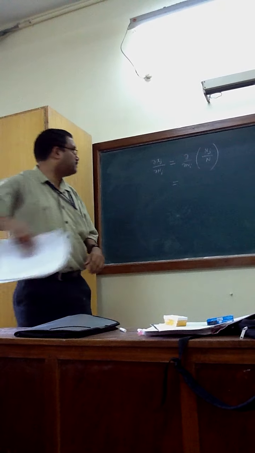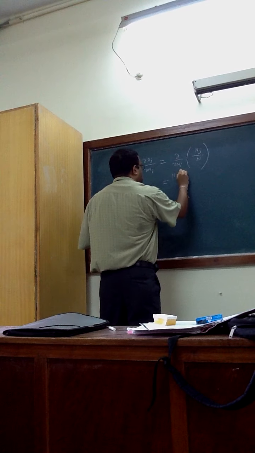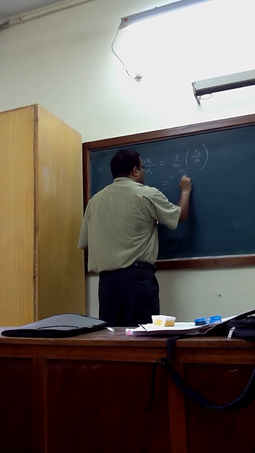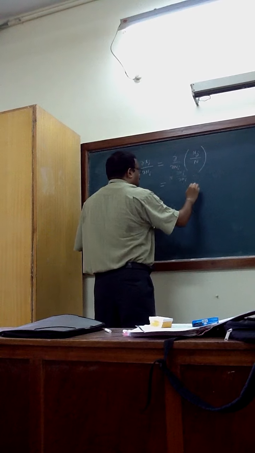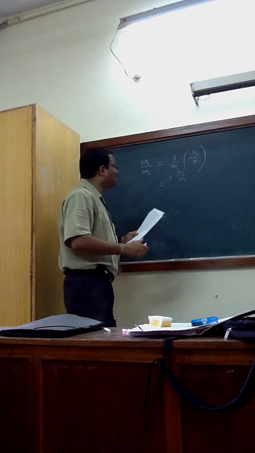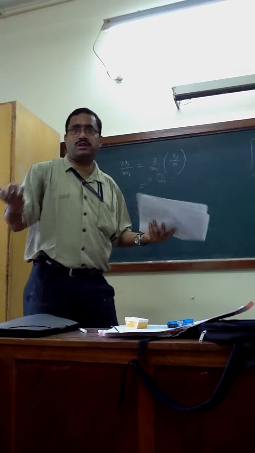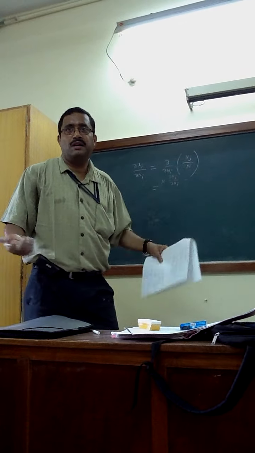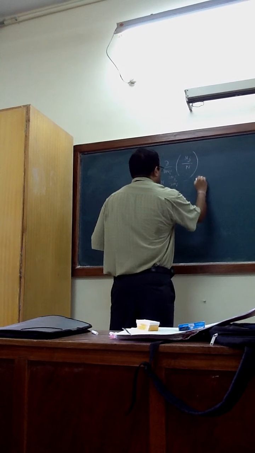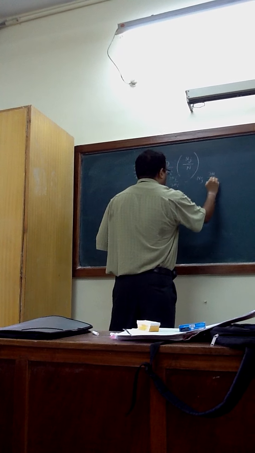Can you do it? Yes. Sir, n into ∂nj/∂ni. Oh, sorry, minus ∂nj. You are not telling it correctly. Sir, minus nj into 1, that is ∂n/∂ni.